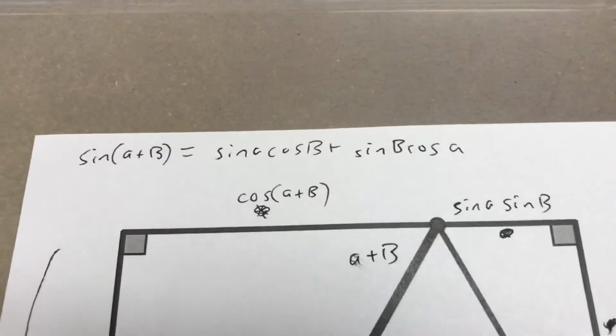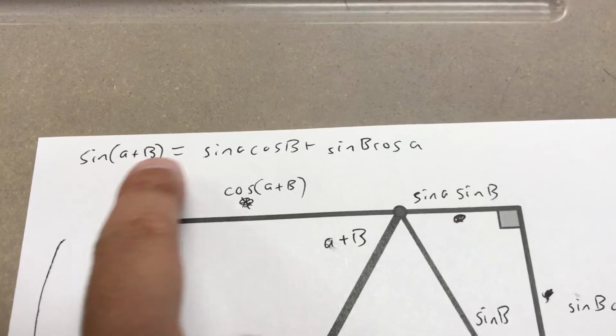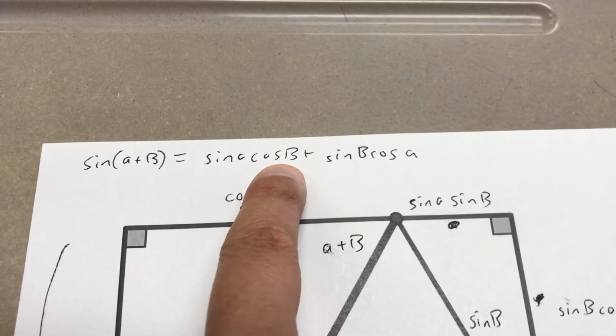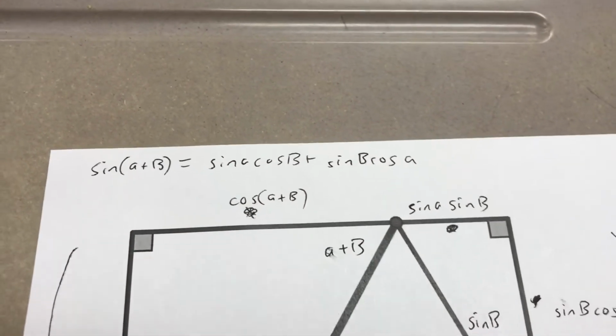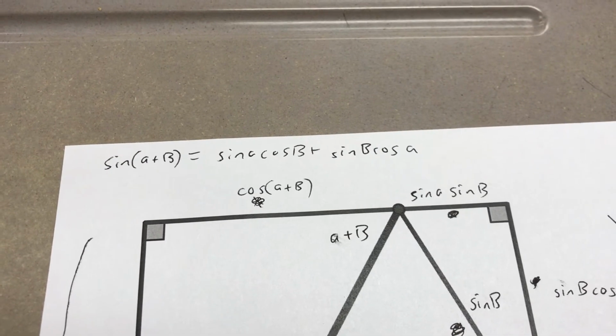In other words, if I want to find the sine of the sum of two angles, I can just take the sine of one angle, multiply it by the cosine of the other, and then I can add the sine of the second angle times the cosine of the first, and that would give me my value, okay? We'll look at that application in just a minute, but that's one idea.